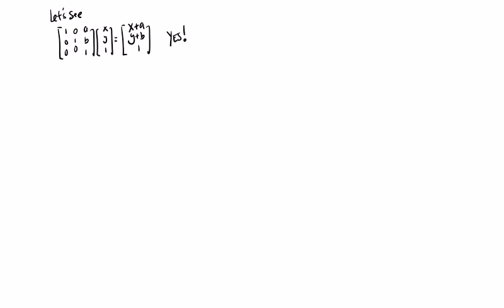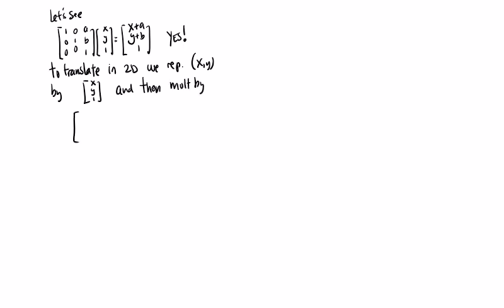What this means is, to translate in 2D, we represent the point x, y by the vector x, y, 1, and then multiplication by 1, 0, a, 0, 1, b, 0, 0, 1 will translate by a in the x direction and b in the y direction.